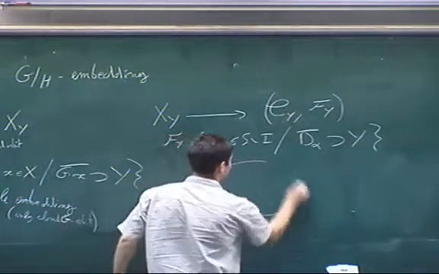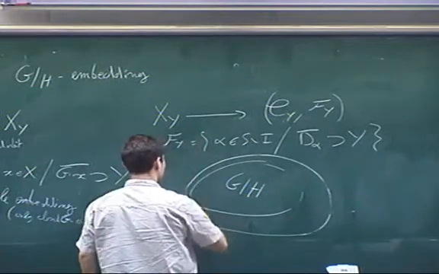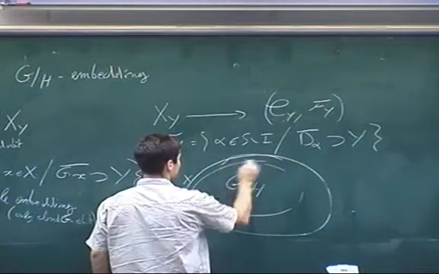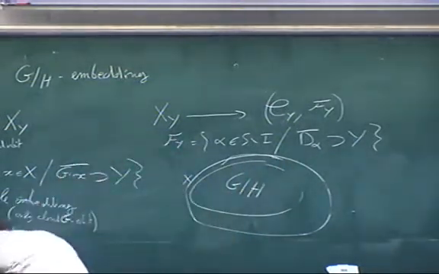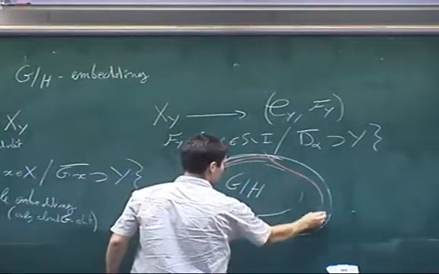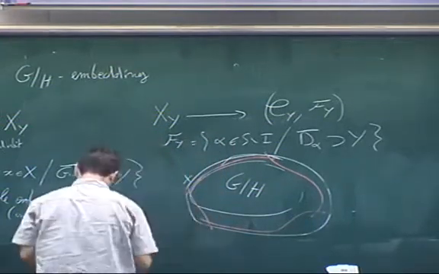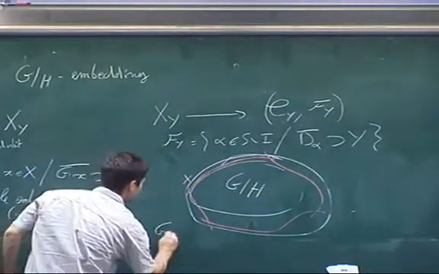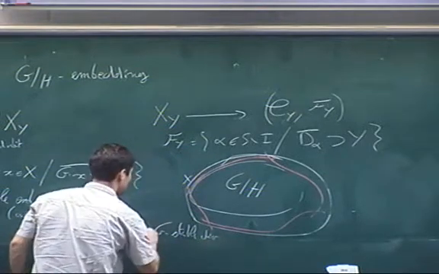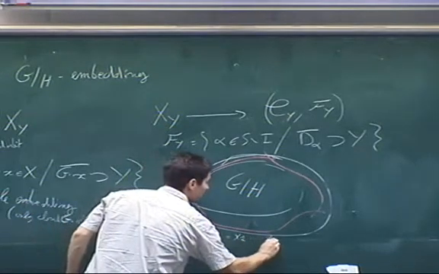If I draw a picture, we have G/H here, and X, which is here, and then we have some divisor outside, which corresponds to the G-stable divisors. So the irreducible G-stable divisors I denote by X_1, ..., X_m.